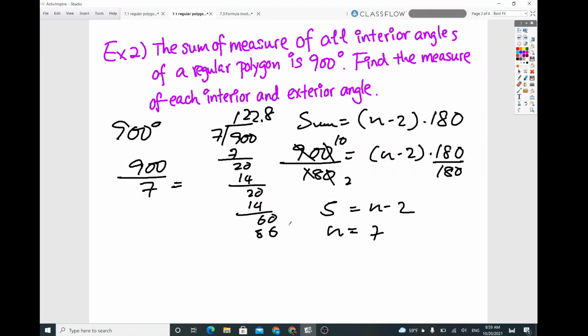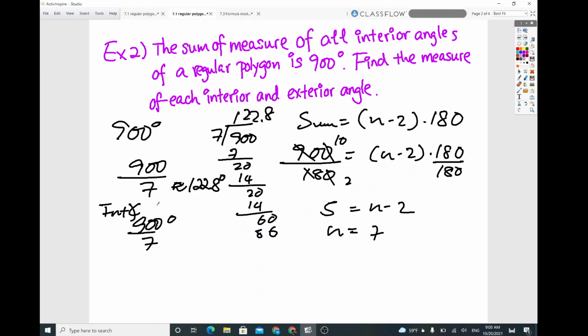So this is approximately 122.8 degrees. You could round it, but normally it doesn't say that you have to, so just leave it as 900 over 7 degrees for the interior angle.